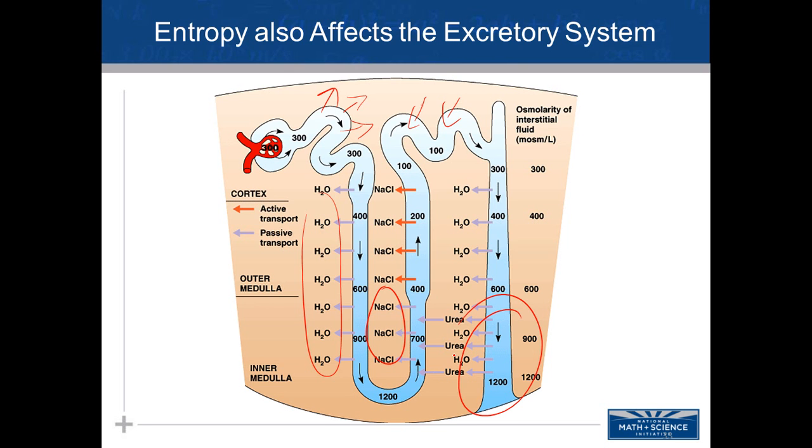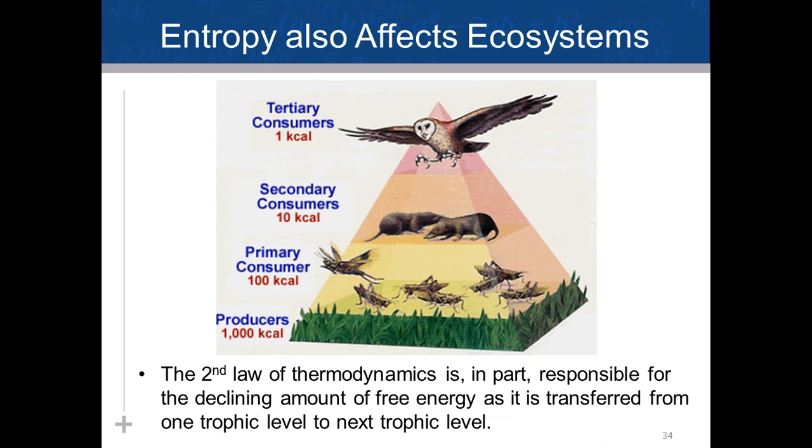Now, at a larger scale, we can look at entropy and how it affects an ecosystem. You have heard of the 10% rule when you studied ecology, and we know that in general only 10% of the energy from any trophic level can move on to the next trophic level.